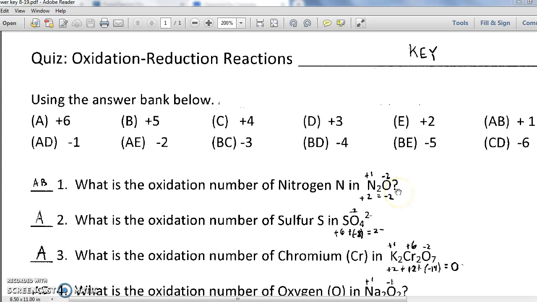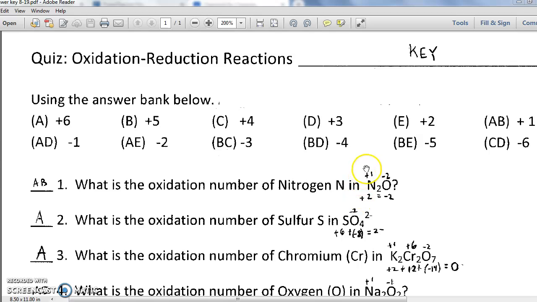Overall, N2O is a neutral compound. So the oxidation numbers of every atom in that substance must add up to 0 since it's neutral. So if oxygen is a -2, as we see here, that means the nitrogens must add up to +2.